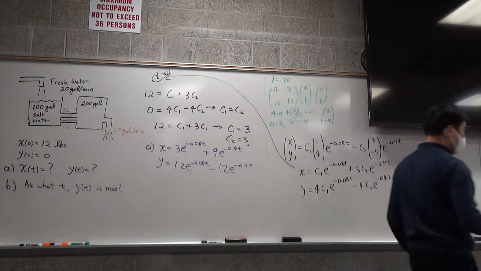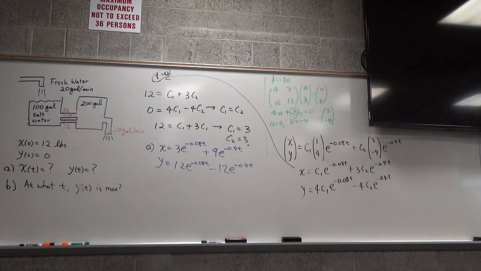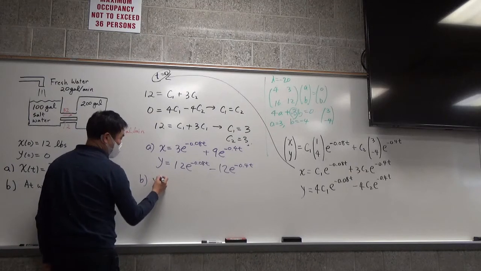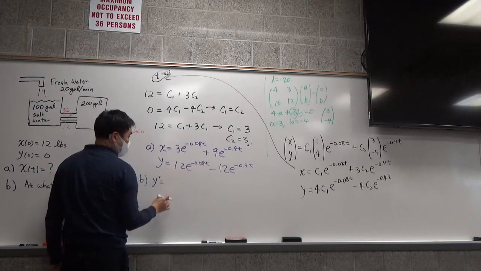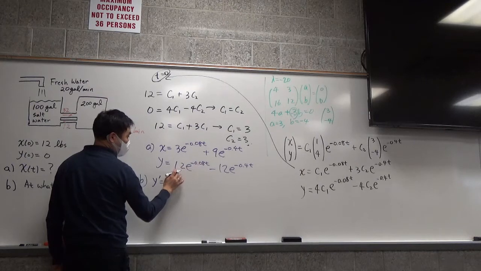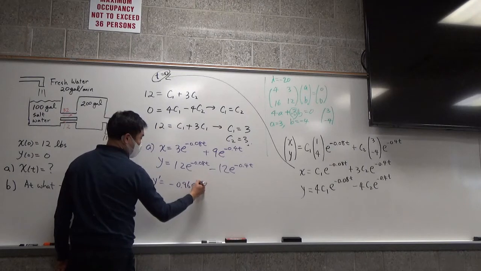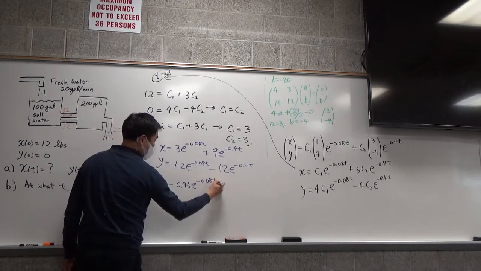Now, second question. How would you find when you get the highest value? Right, you want to take the derivative and set that equal to 0, right? So to do part B, you want to differentiate. This comes down, so what's that? 0.08 times 12 is 0.96, so it's negative 0.96 e to the negative 0.08t.